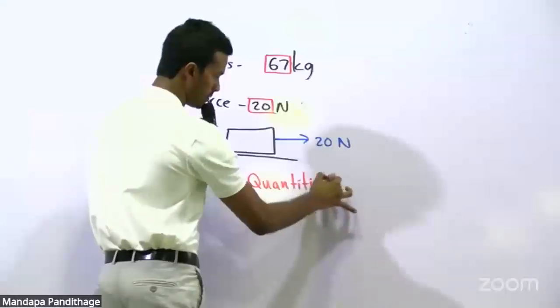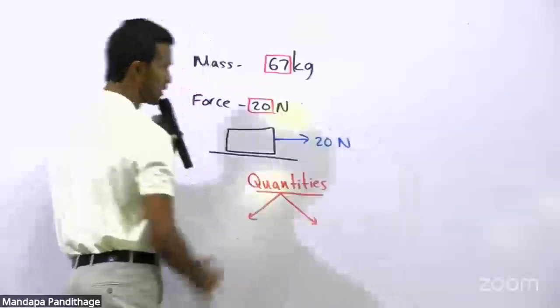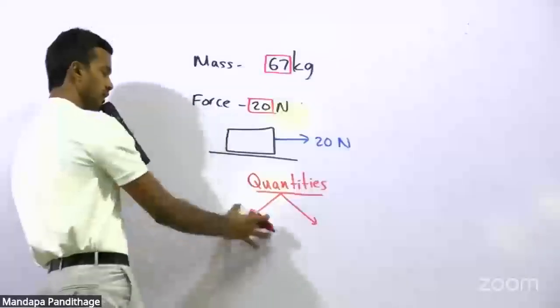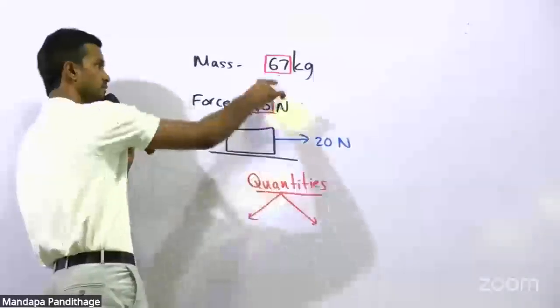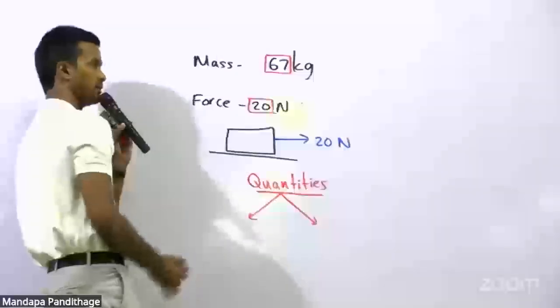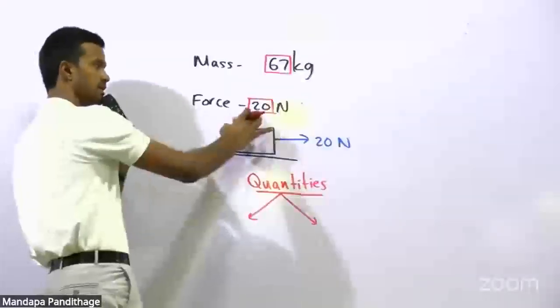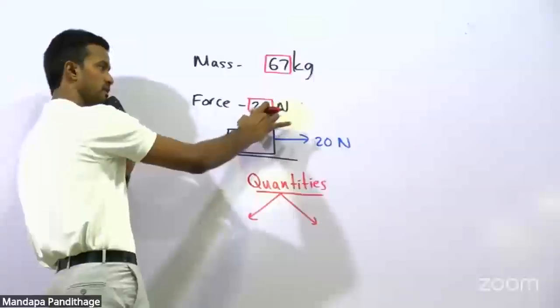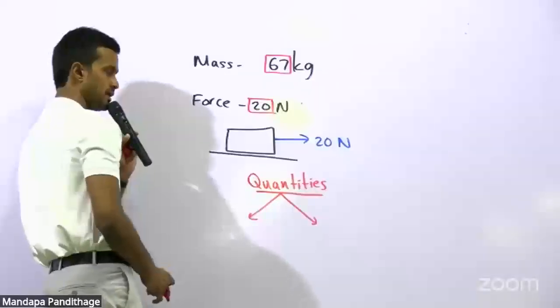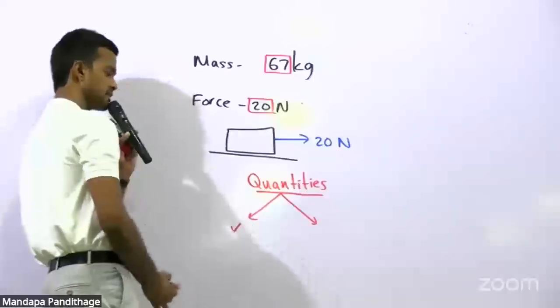One type is you can explain about the quantity, or the quantity can be given, using the magnitude. The magnitude is 67 kilograms. Here the magnitude is 20 newtons. So there are two quantities. For one quantity, the magnitude is sufficient.